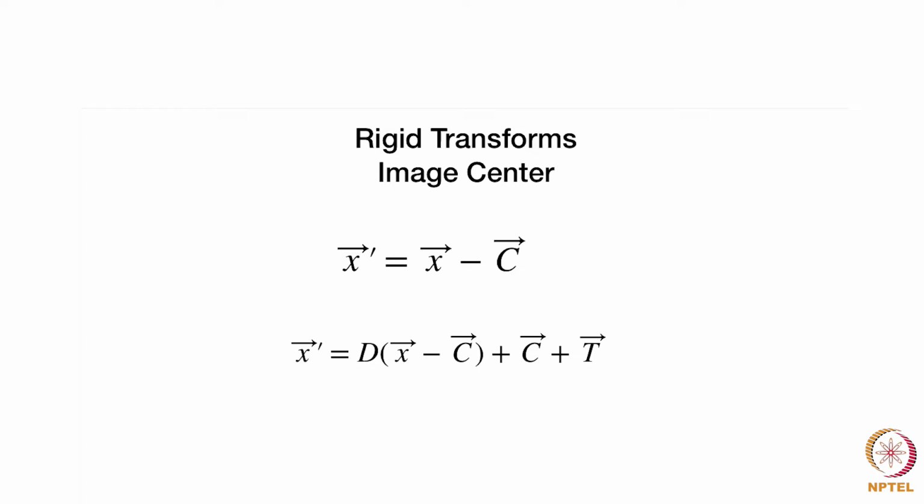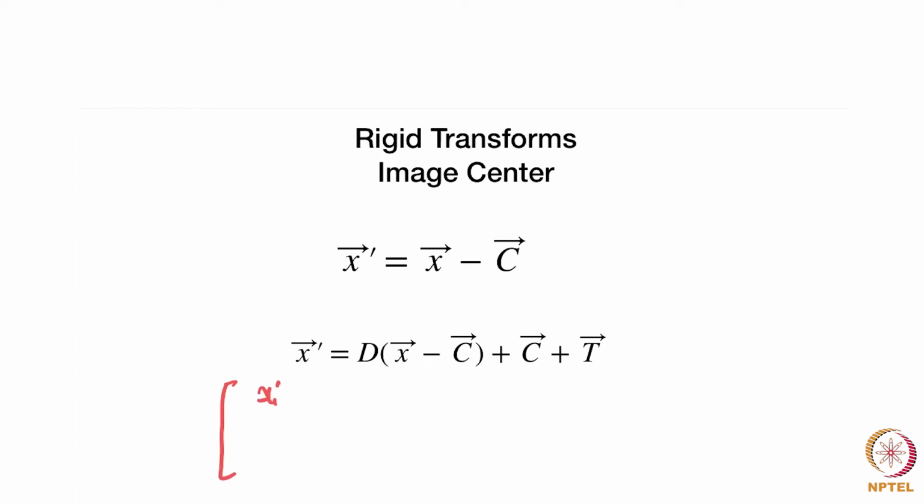Typically, you would not estimate this as part of the registration process, but rather you would just fix the center. So before you apply the scaling transform, you would move the origin to the center, then do the scaling, and then move back before you do the translation. So for instance, this particular expression I've written here would translate to the following.